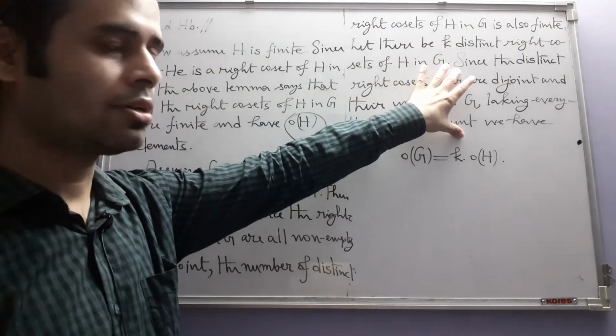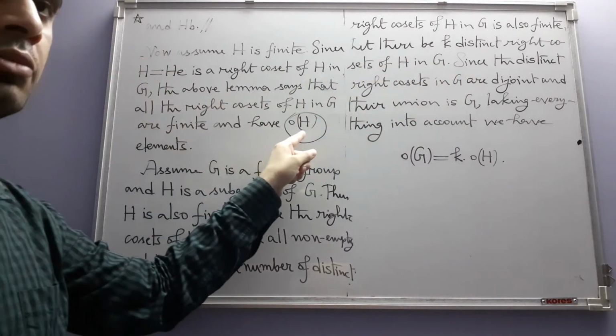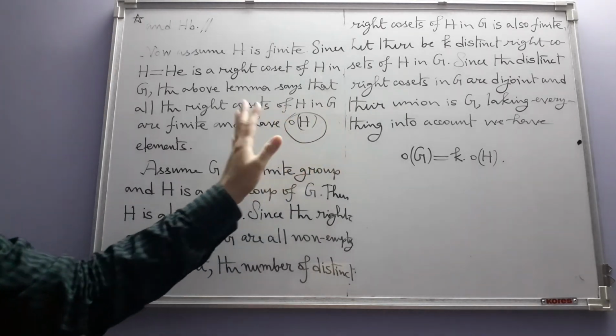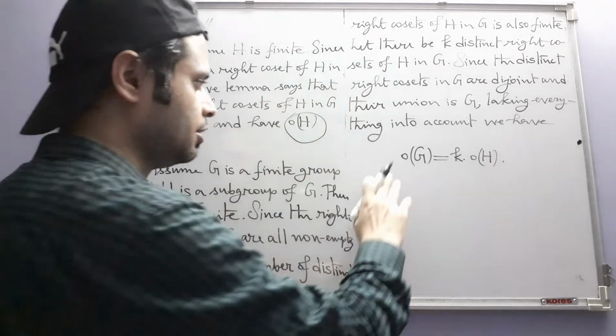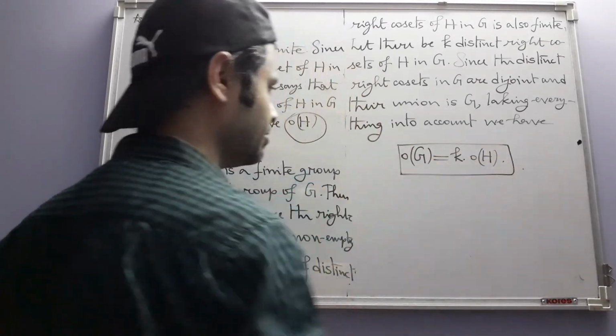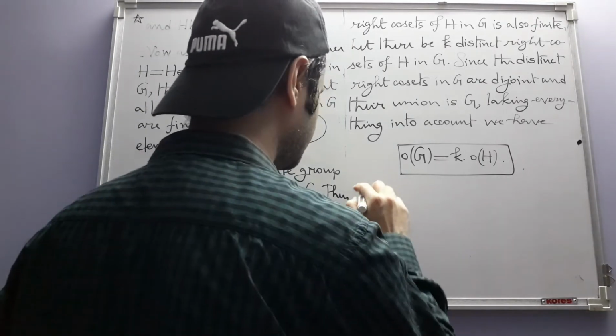Not only this piece of information is used, but right cosets having the same number of elements and that number being this one, they are also playing a role. So the final thing is this relation, and this equation gives us a statement which is that famous Lagrange's theorem.